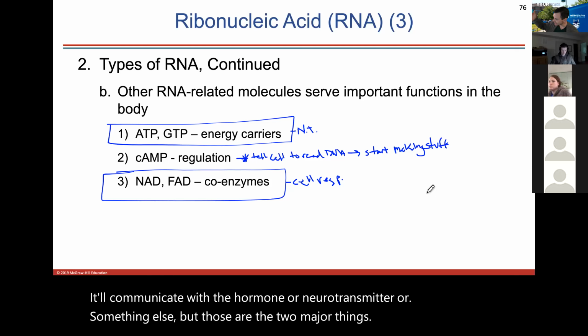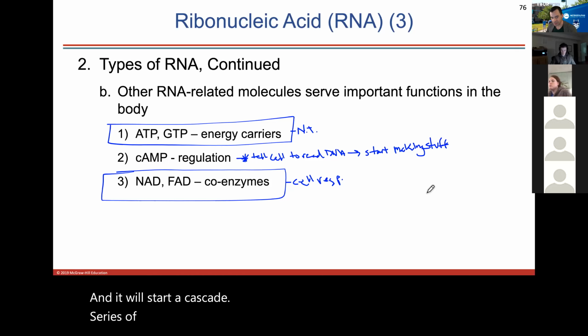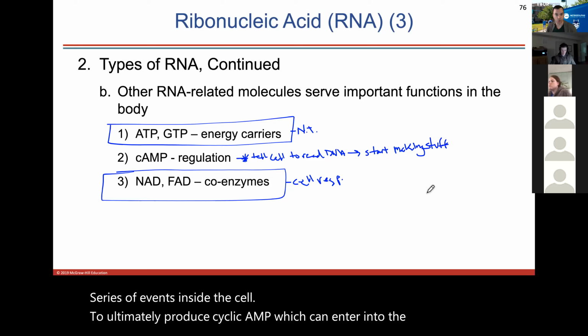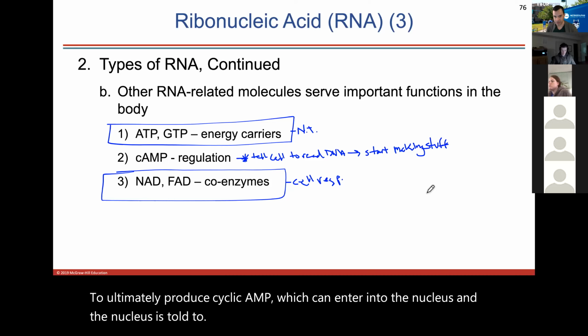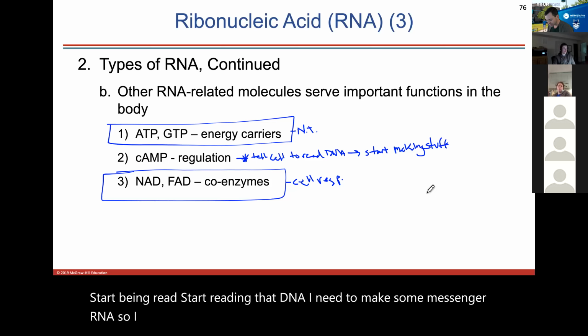And it will start a cascade series of events inside the cell to ultimately produce cyclic AMP, which can enter into the nucleus, and the nucleus is told to start being read. Start reading that DNA. I need to make some messenger RNA so I can make a protein so this cell can now become active and start doing something.